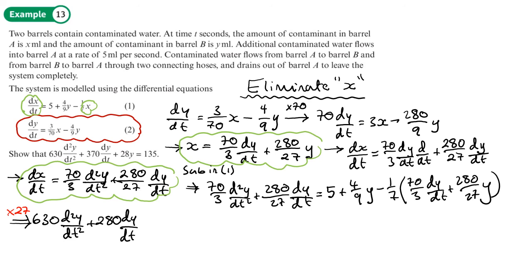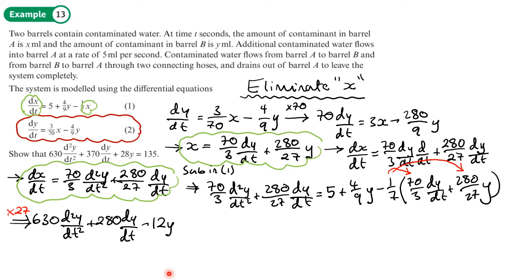So 4/9 times 27 is going to be 12. So I'll have minus 12y. Then I need to deal with these here and times them by 27.